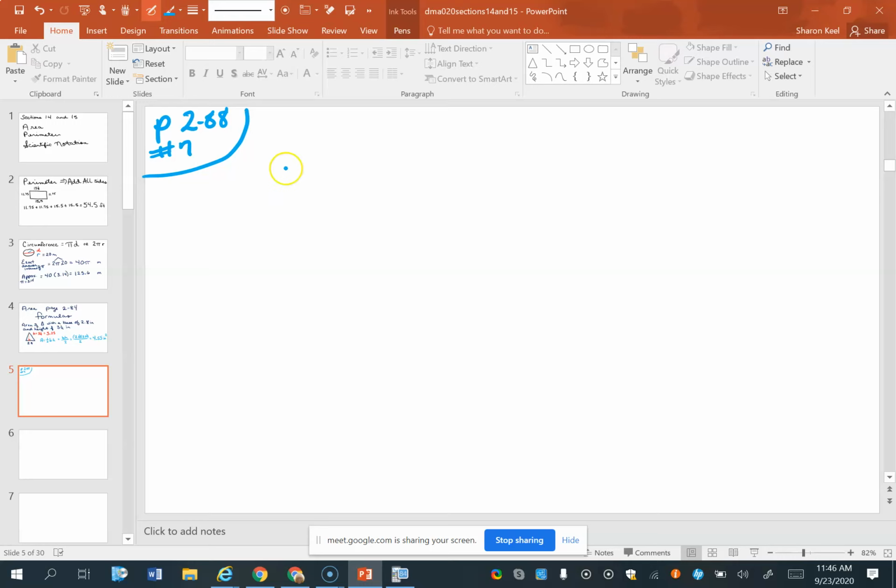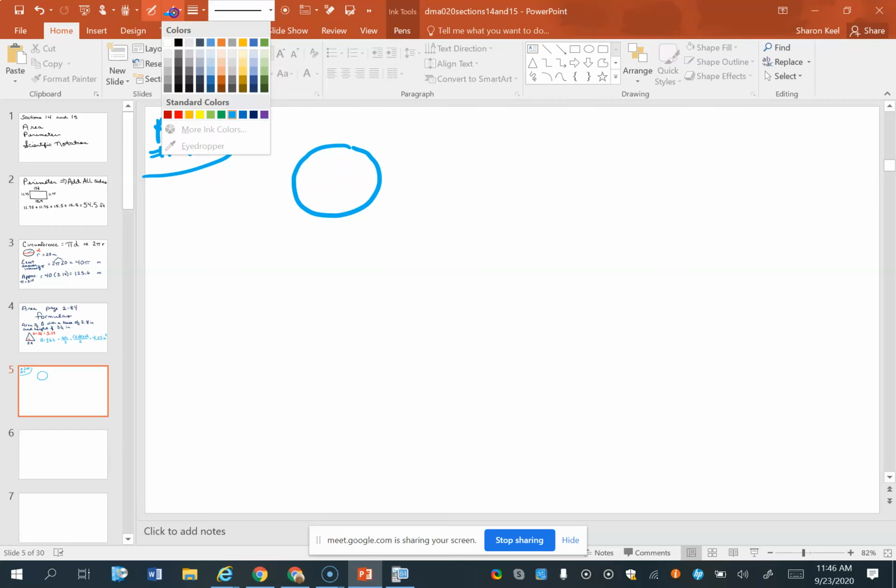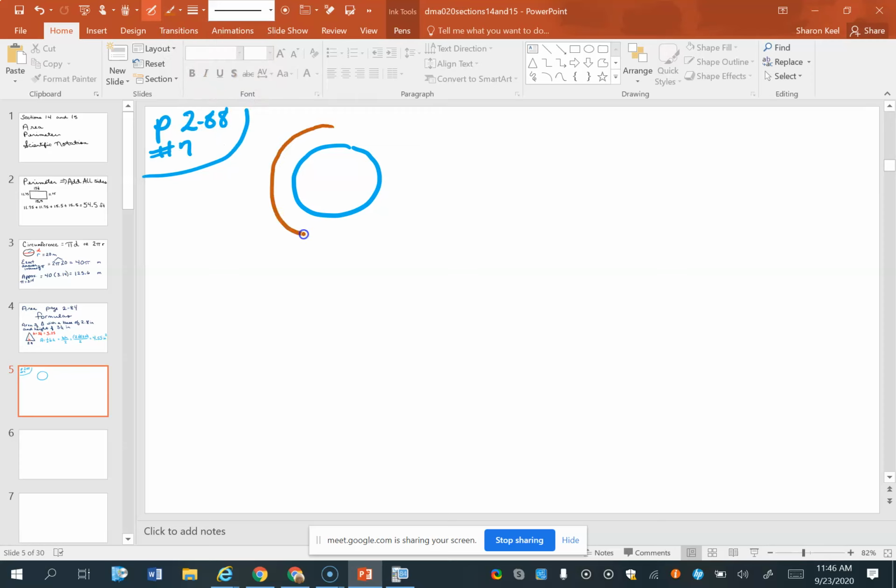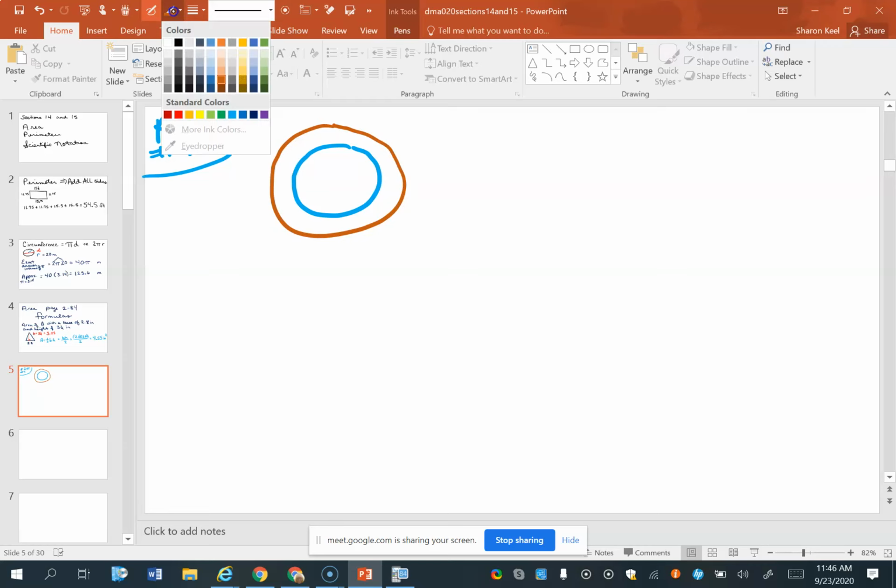So what I'm going to do is draw my pool, and then around the pool, she wants to have a walkway. Now what we were told is that the diameter of the circular swimming pool is 15 yards. The diameter is the distance side to side.